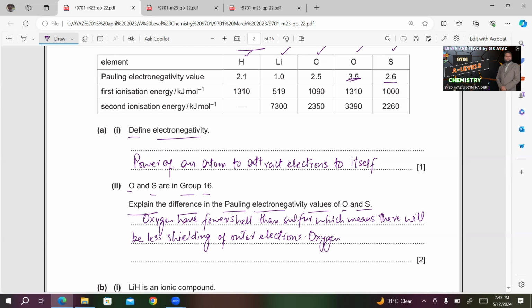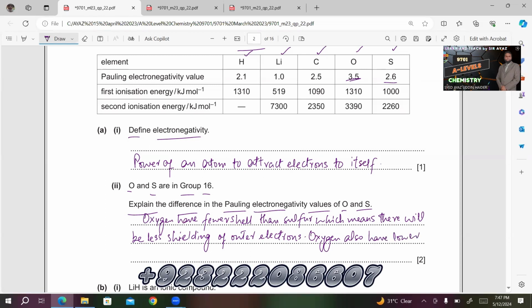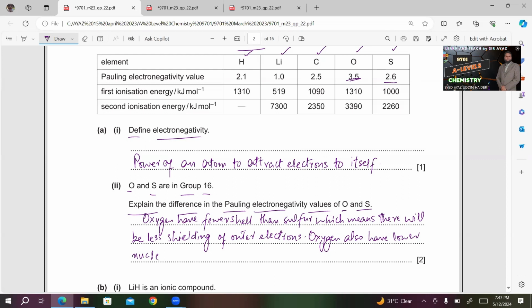Oxygen also has lower nuclear charge and greater attraction for the incoming electrons.